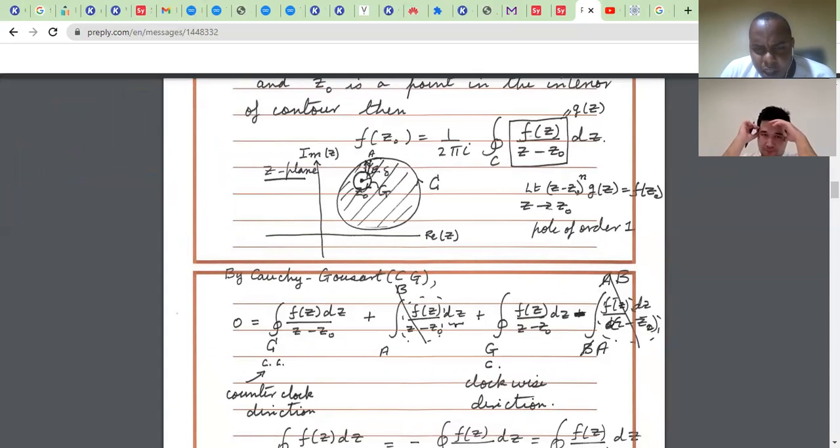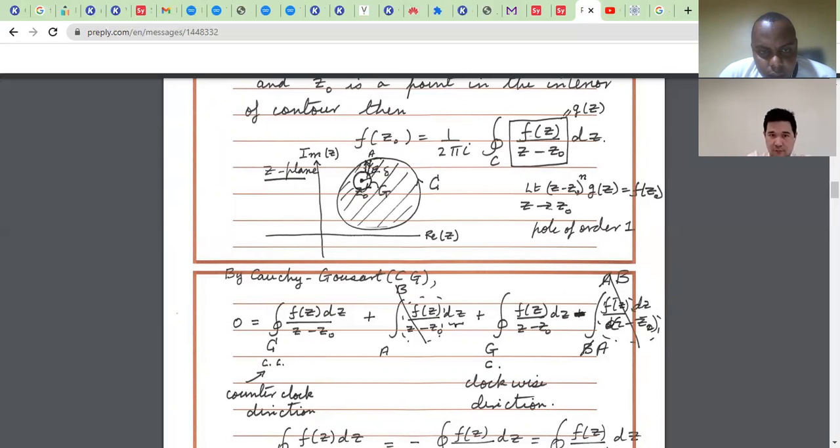So by the other theorem, this Cauchy's theorem is the one that said that if f is analytic, then the integral will be 0, right? Yes, I agree.